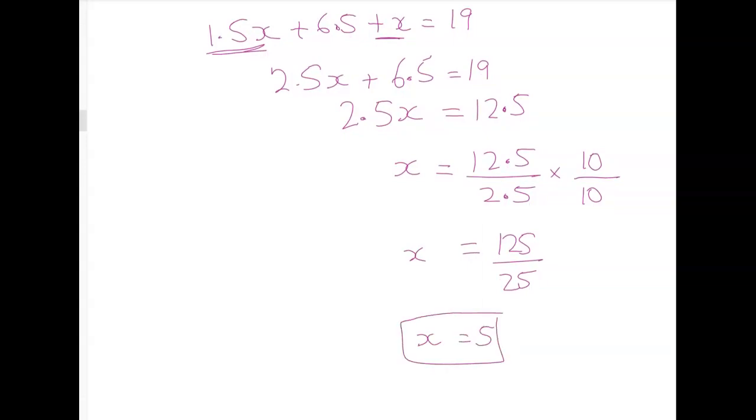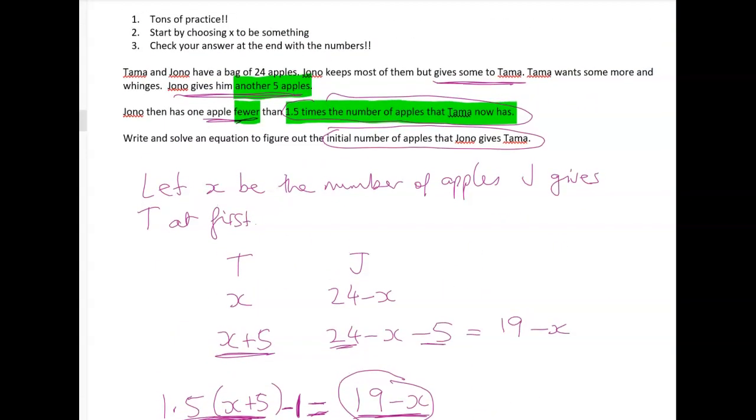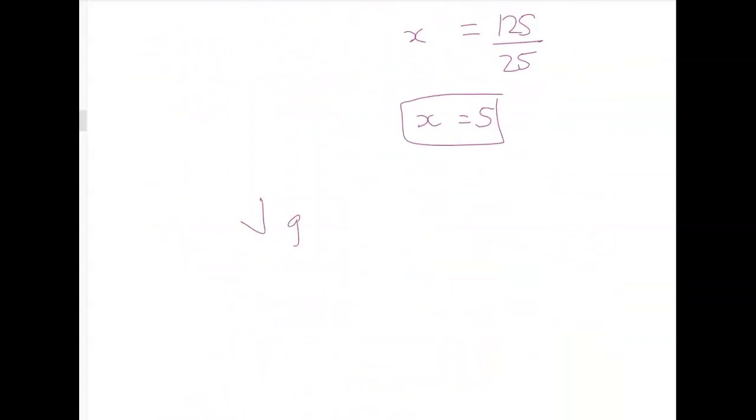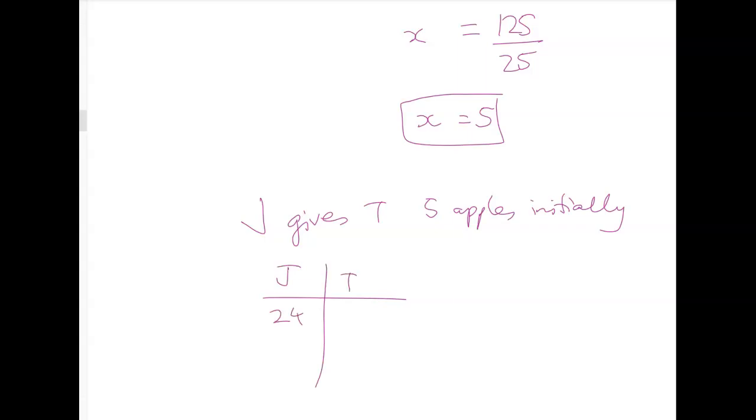Okay, now let's go right back to the start and see if that all works out. What were we asked? Well, we were asked to figure out the initial number of apples that Jono gives Tama. So we're going to write very quickly, J gives T 5 apples initially. Let's see if it works. So at the start, Jono has got 24 apples, Tama's got none, and then Jono has 19 and Tama has 5.